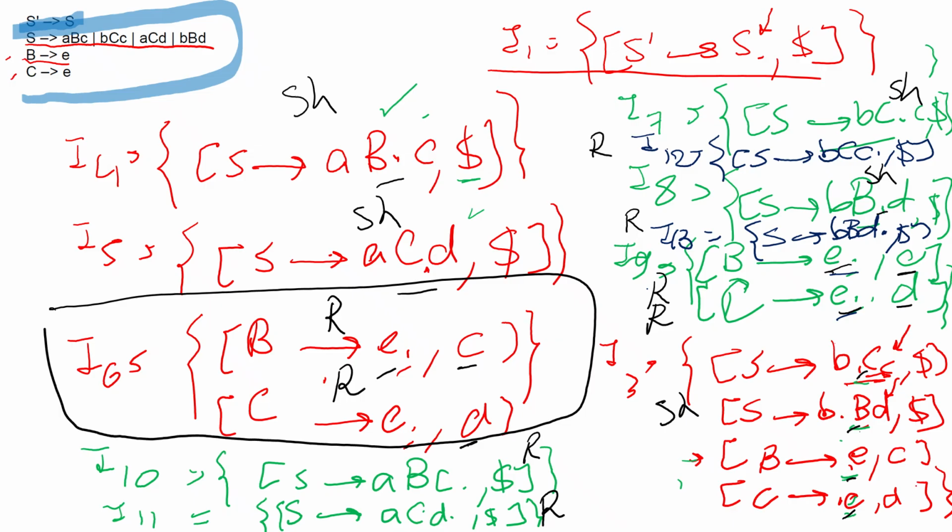and I9, just here, sorry for the writing, but try to follow me. Both of them in fact have the same kernel, B → E C E, the only difference being the lookahead symbol. Here we have C, and here must be D, and must be C, just here.